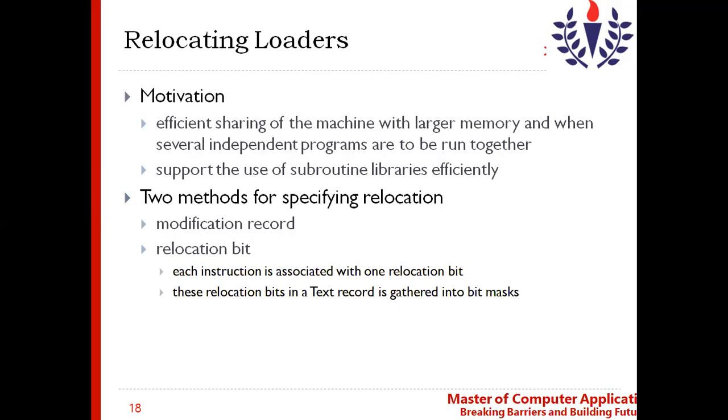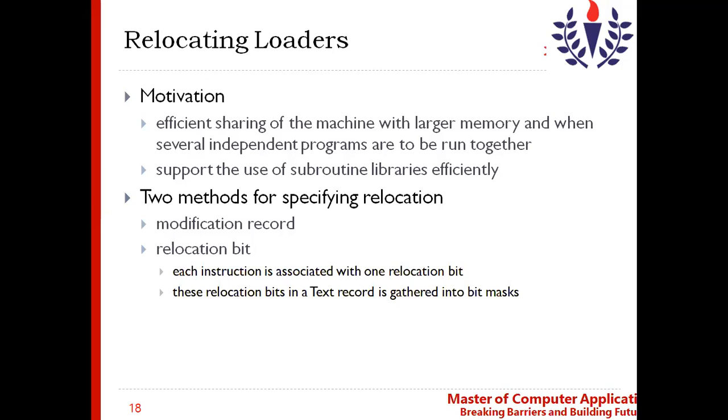That is done using two different techniques. There are two methods for mentioning the relocation. One is the modification record, as we have already seen in the previous sessions, and the other is the relocation bit mask. What is the idea behind relocation? Since there is a larger memory, many programs can share the same memory.